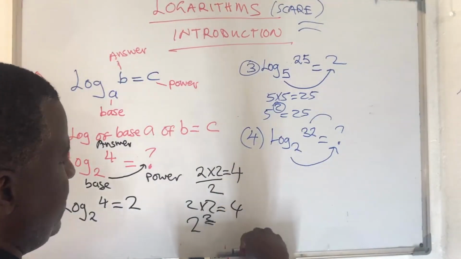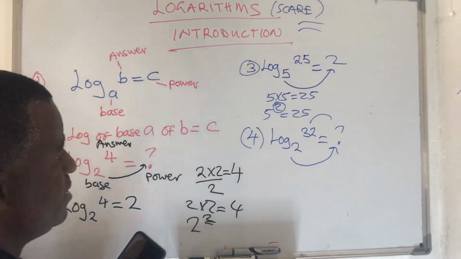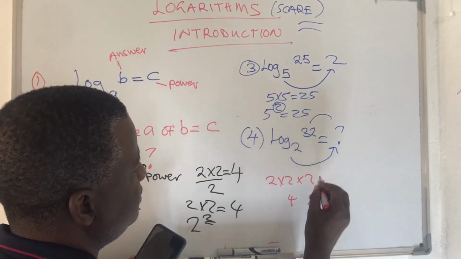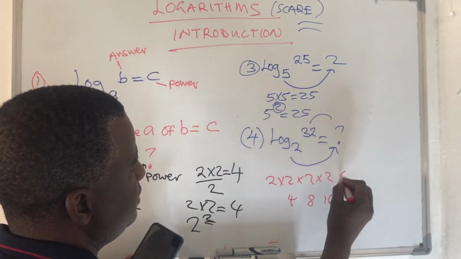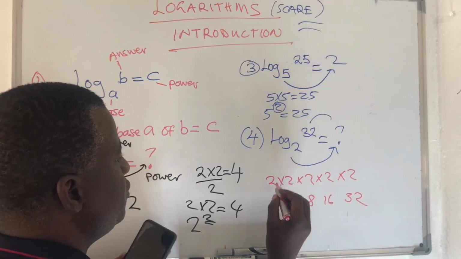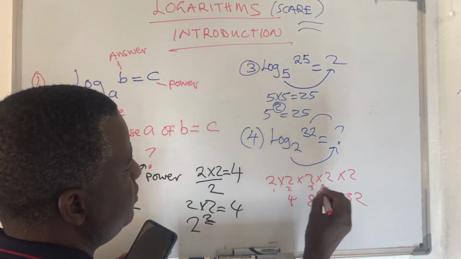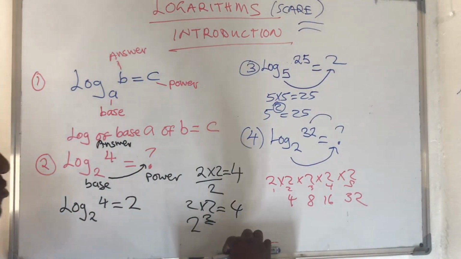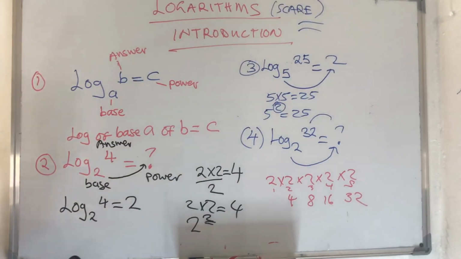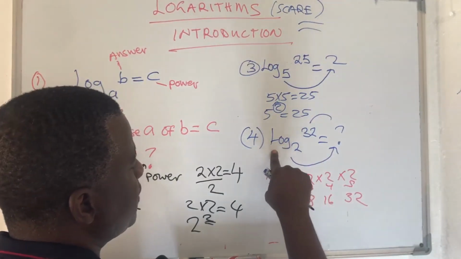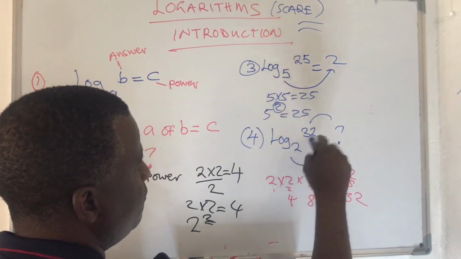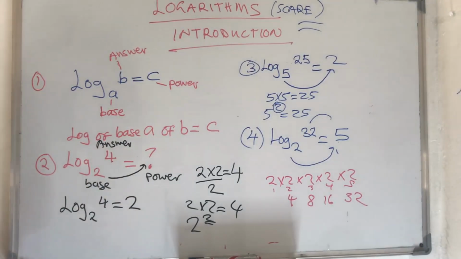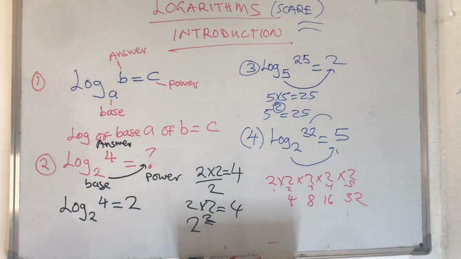So you are going to go ahead and multiply. 2 times 2 is 4, times 2 is 8, times 2 is 16, times 2, 32. So you are multiplying 2, 1, 2, 3, 4, 5. You are multiplying 2 5 times. So since you are multiplying 2 5 times, we can simply say log base 2 of 32 is equal to 5.